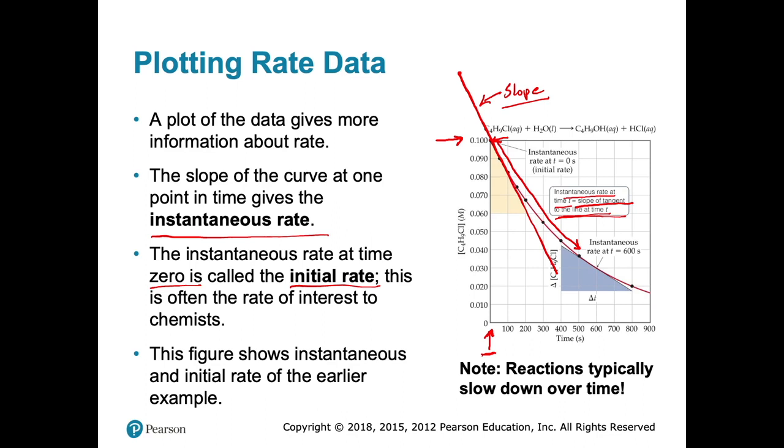So if you recall back when we were talking about graphing very early on in the semester, the slope of a line is m equals the change in y over the change in x. And also, if you recall from maybe two or three slides ago, the rate actually equals the negative change in the concentration of the reactants.